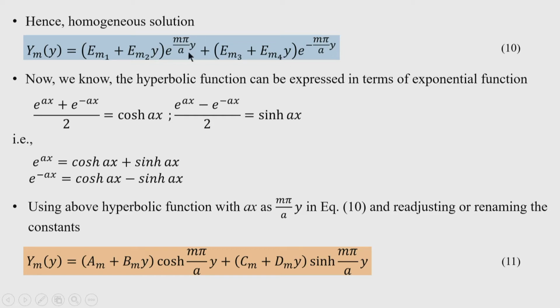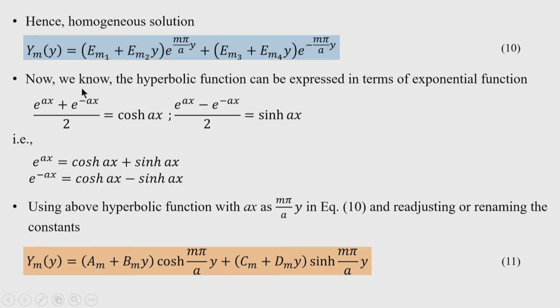You can see this is the repeated root m pi by a, and minus m pi by a is also another repeated root. So, because of these two repeated roots, we have written the solution like that. If the roots are not repeated, then individually the exponential function will be associated with each of these constants, and there will be no variable y.